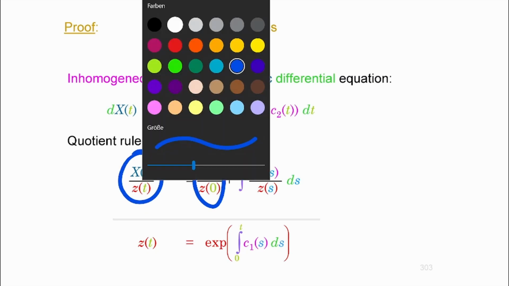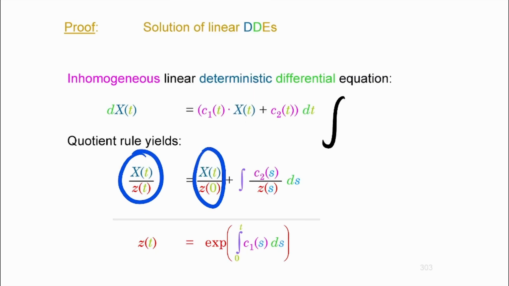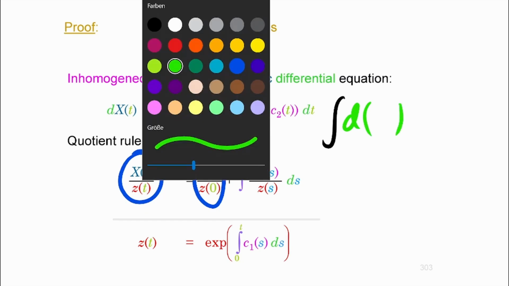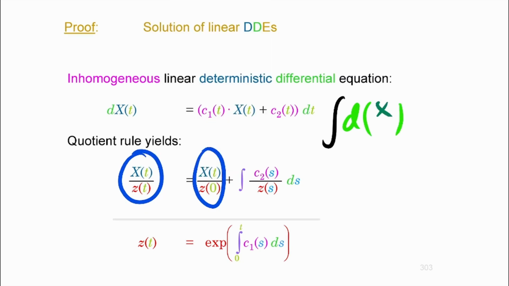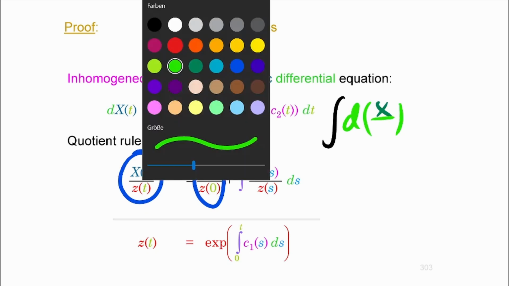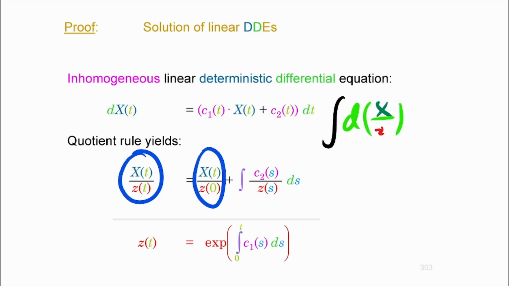So let me remind you, the integral of the differential of the quotient, which I called x, so I'm simply calling it x, and then you had, what was that? Then you had z, and you would take the integral from 0 to t. Again, it's not a big deal, okay?